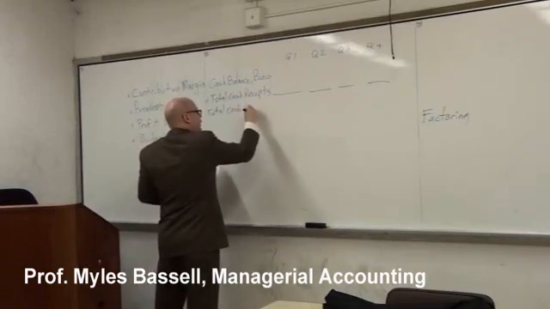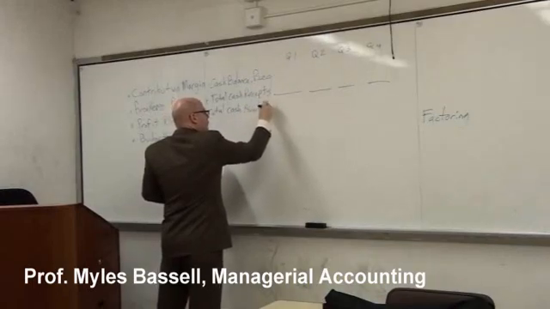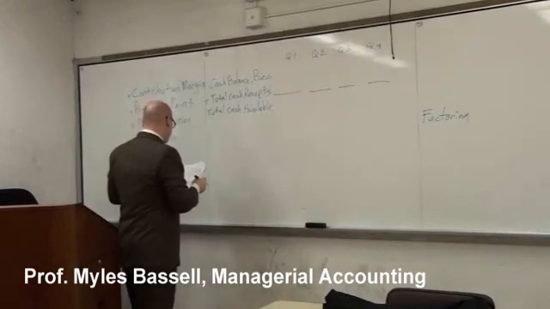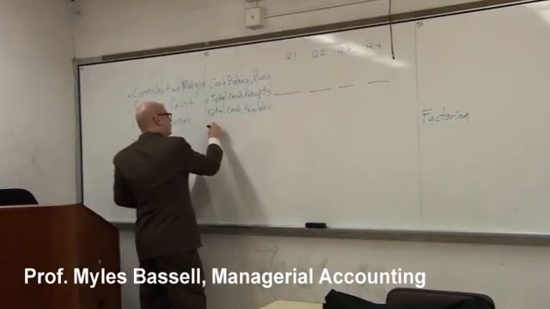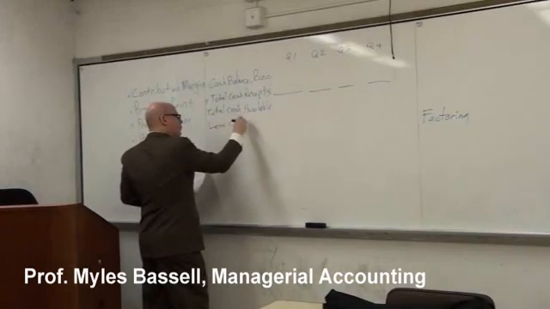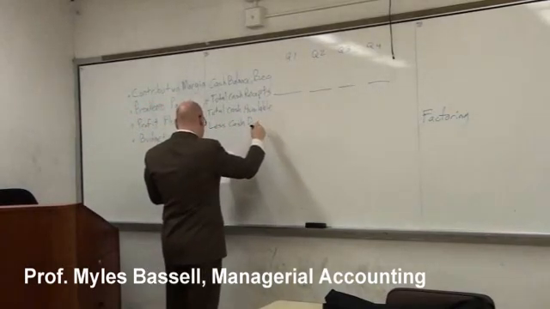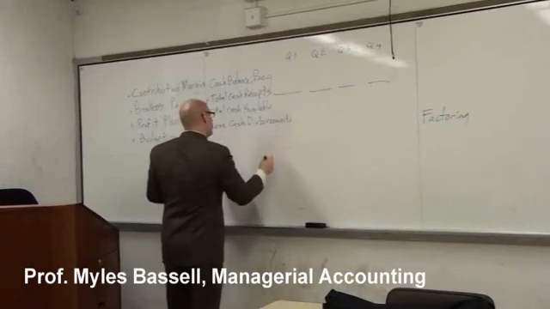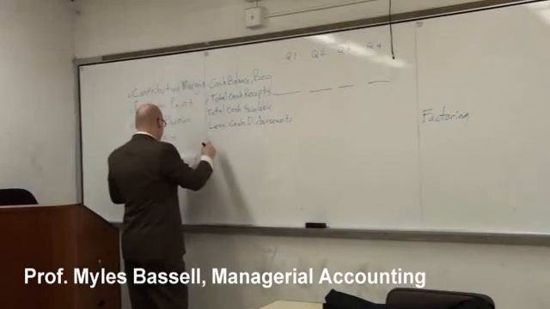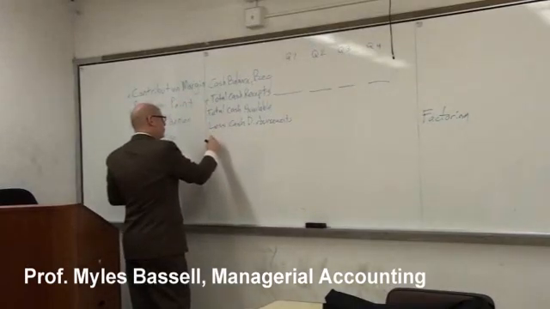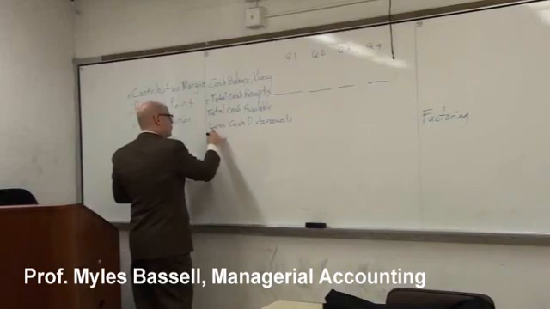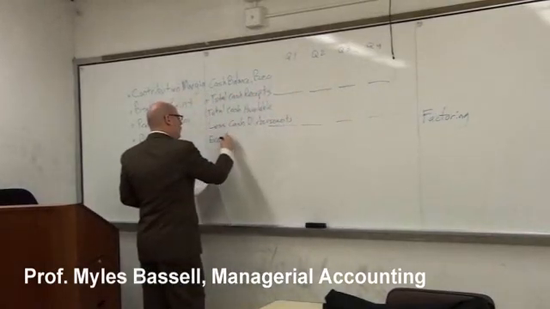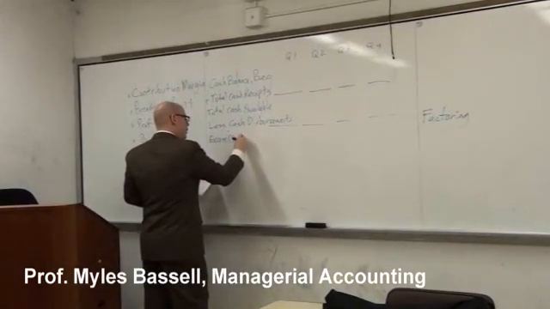Now in this example we don't look at sales that are on credit; next time we'll look at that. Less cash disbursements. So what we're trying to find out is what is the ending cash balance? So we're going to subtract the cash disbursements, and then we're going to have either an excess or a deficiency.